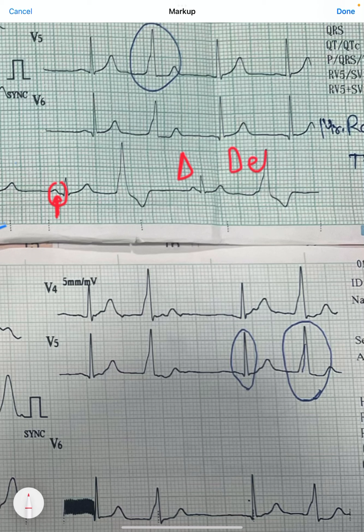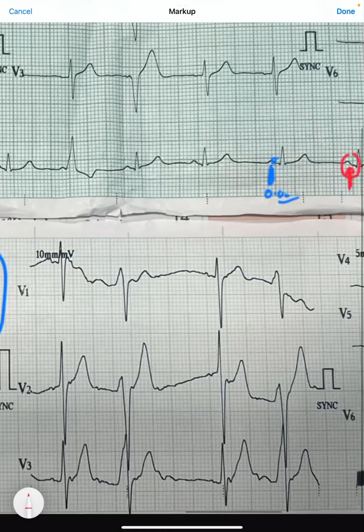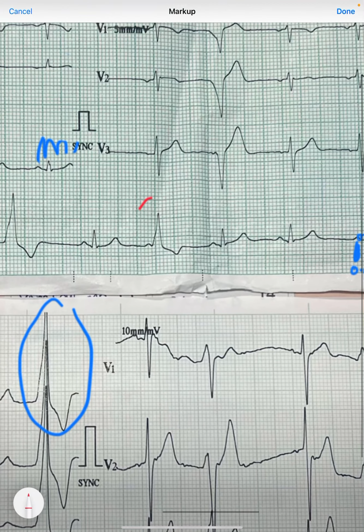We call this a delta wave, and delta wave is a feature of WPW syndrome, Wolff-Parkinson-White syndrome. We can very nicely make out delta wave is here, delta wave is here. We have so many delta waves in this. See, this is also very much a delta wave. We can see P wave is here, and suddenly there is a rapid slurring upsloping of QRS, and the QRS is wide. It is more than 120 milliseconds.